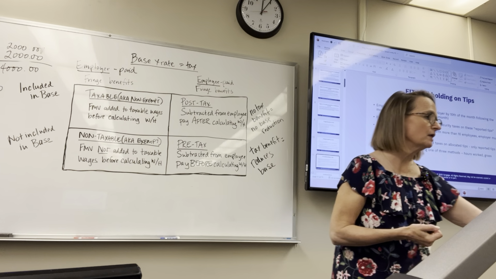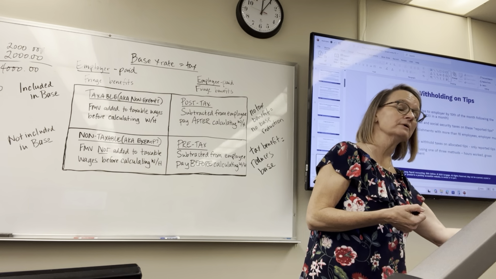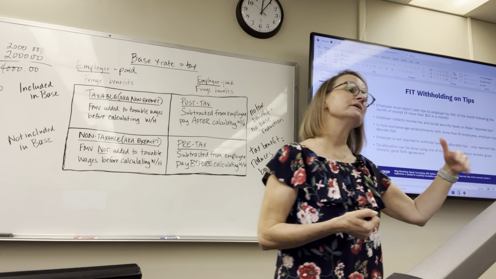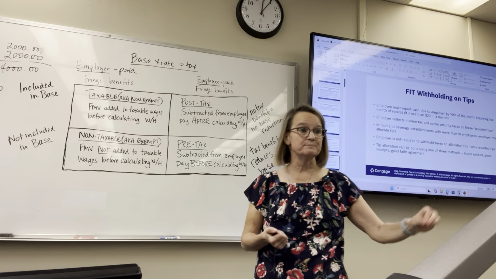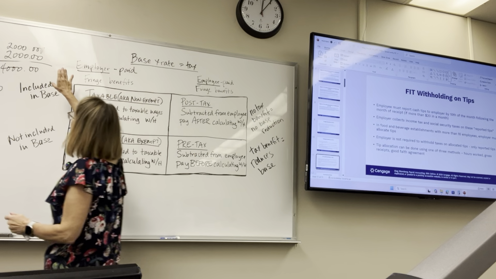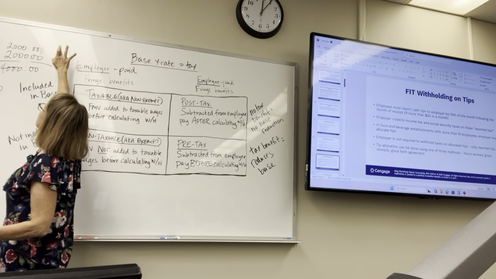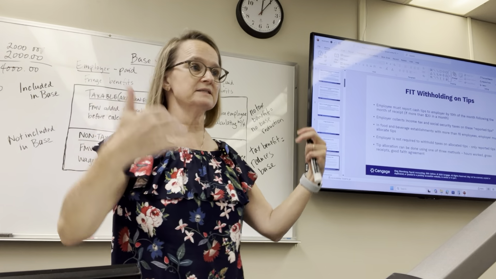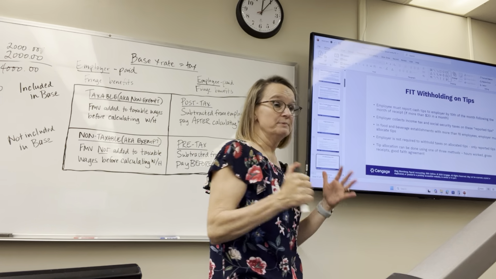So if you made $800 in tips during the month of October, by the 10th of November, you report that to the employer, and then the employer is going to withhold on those tips. They're going to add the wages that they owe you, plus that $800, and that's what the employee is going to be taxed on. That's the tax base that's going to be used. And there is going to be withholding on it.